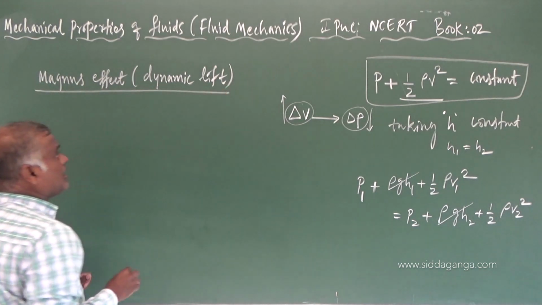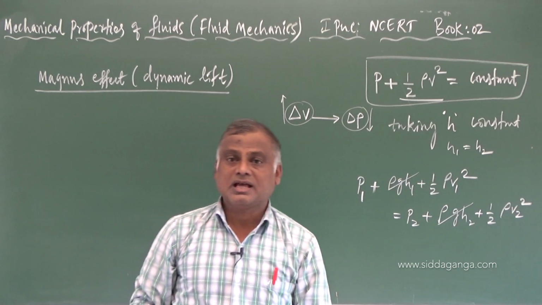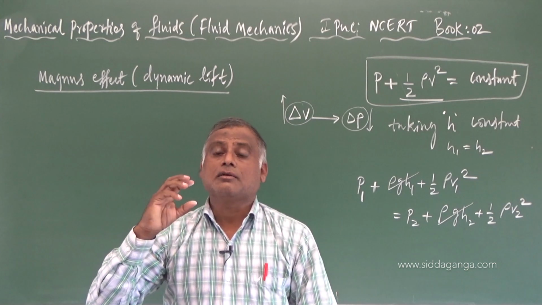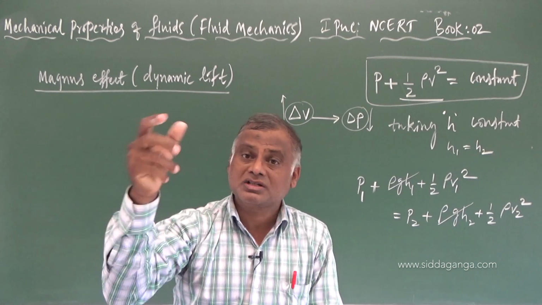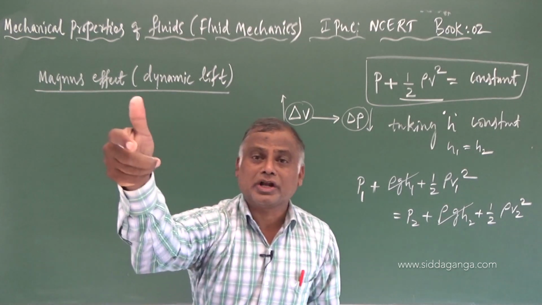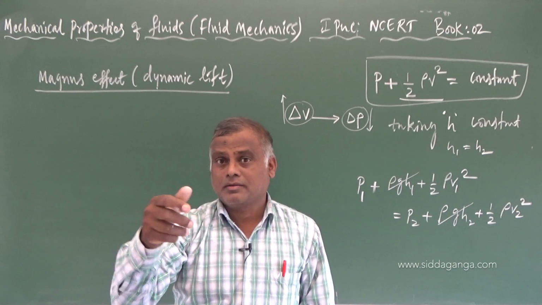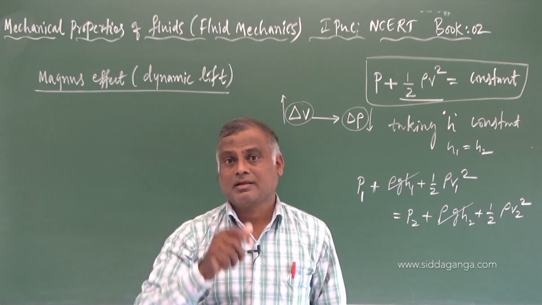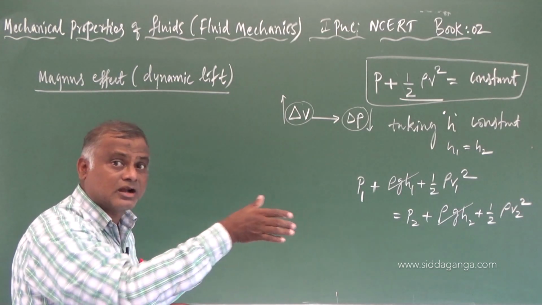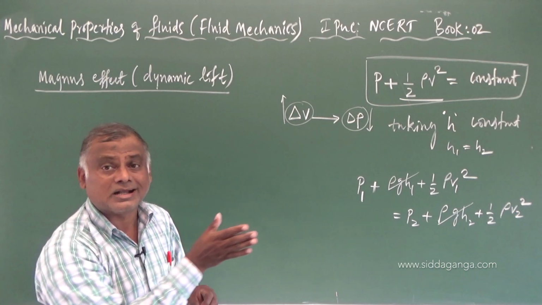Say in dynamic lift, you could have observed that when a spin or googly bowler bowls for a batsman, the ball is thrown into air. A spinning ball in air gets deviated once it hits the ground, or before hitting the ground it deviates.